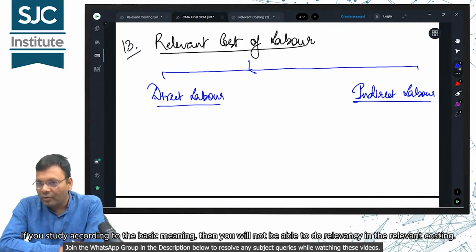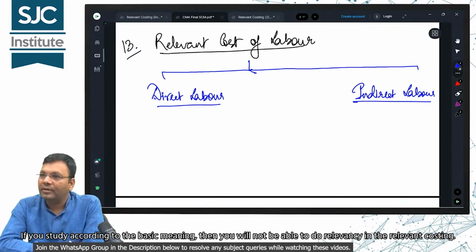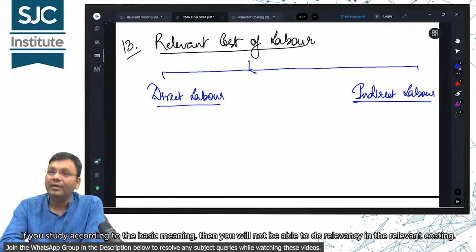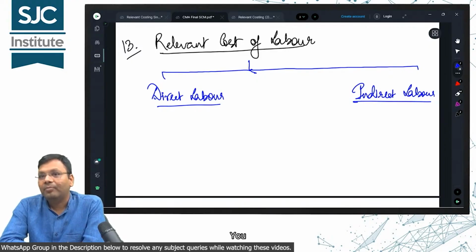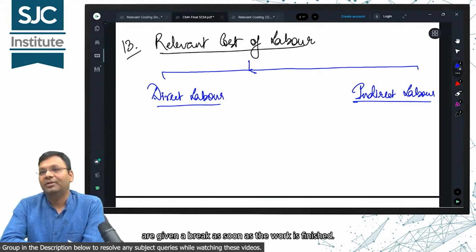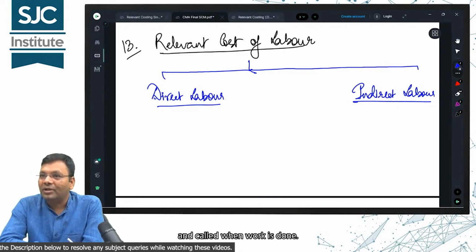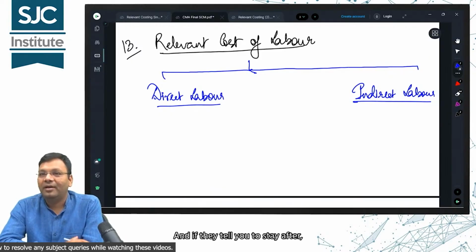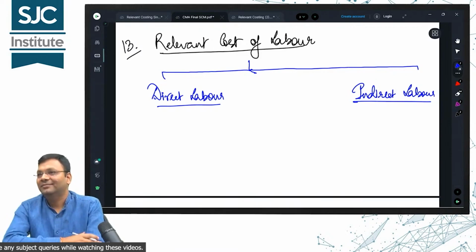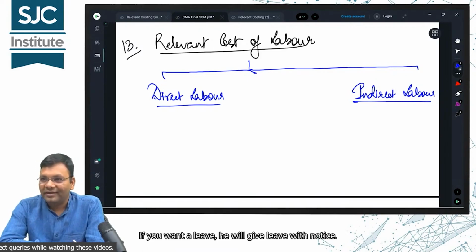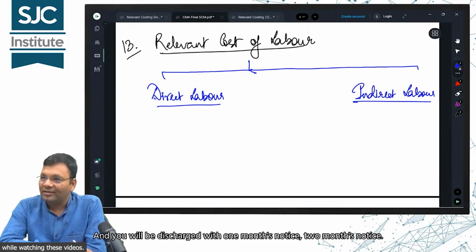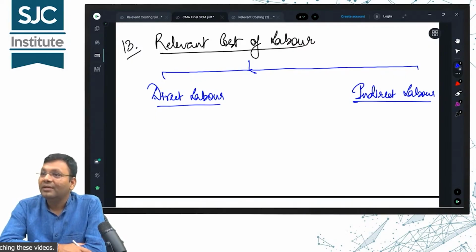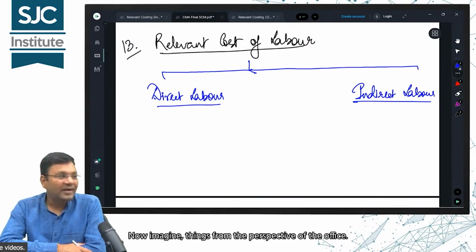If you study according to the basic meaning, then you will not be able to do relevancy in relevant costing. If you are given a break as soon as the work is finished and called when work is done, then you're direct. And if they tell you to stay after looking at the watch, if you want leave, he will give leave with notice, and you will be discharged with 1 month's notice, 2 months' notice, you are indirect.